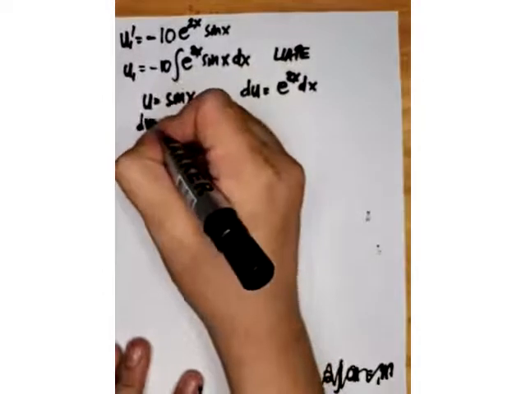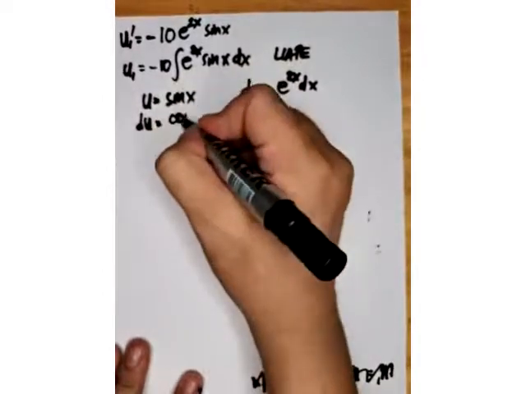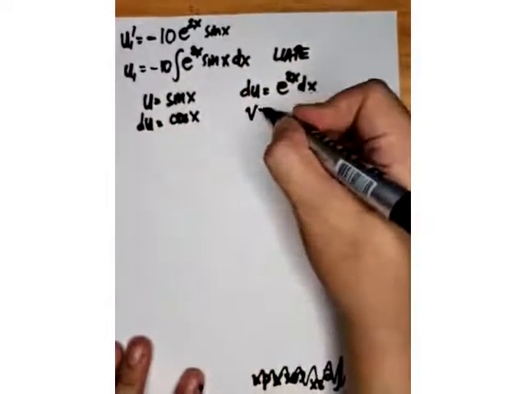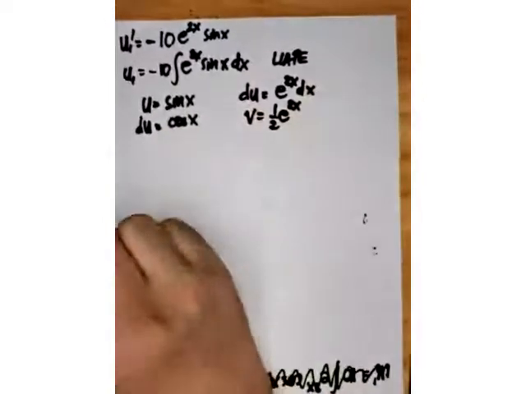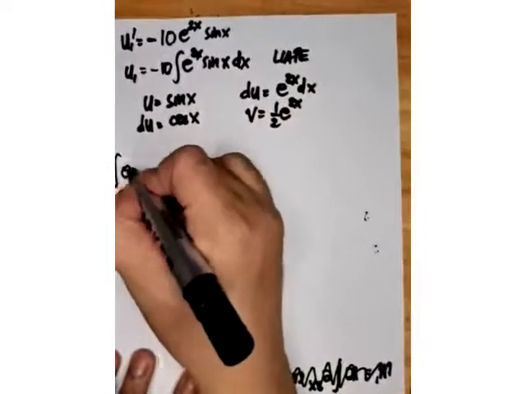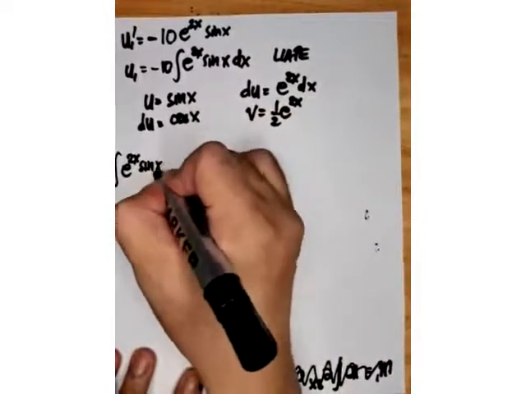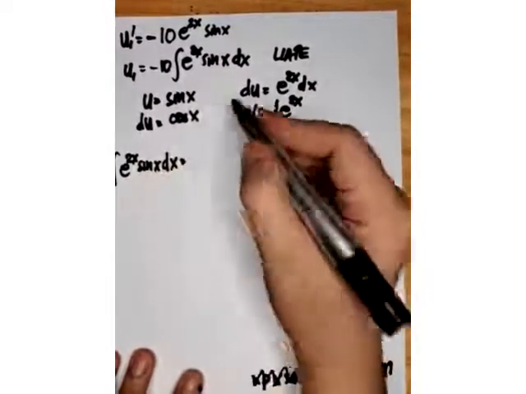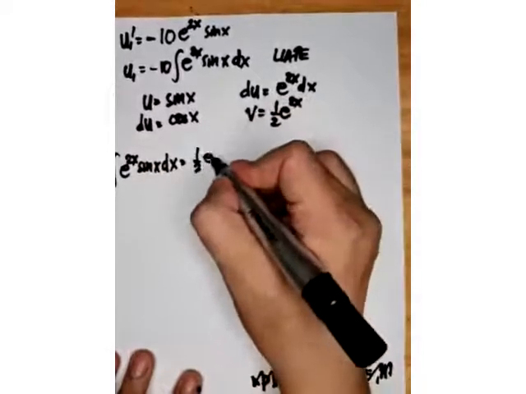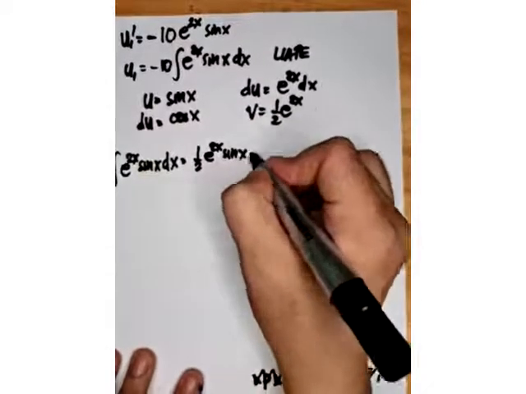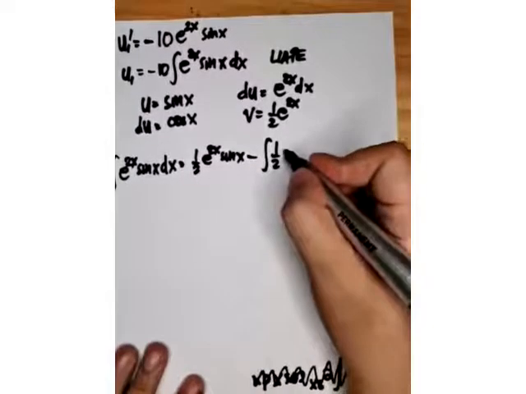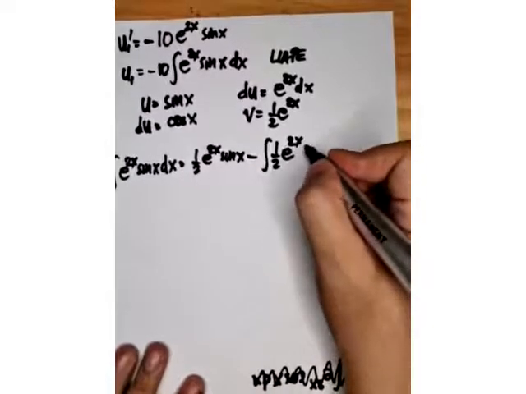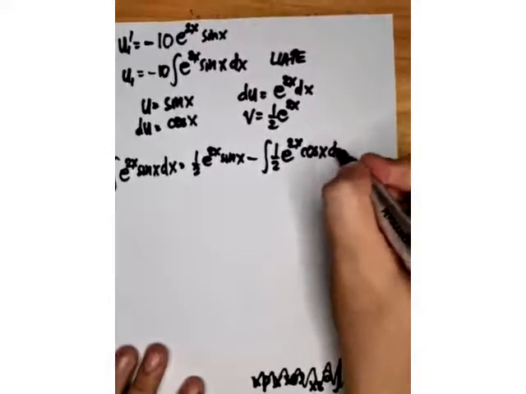So du is cosine x and v is 1/2 e raised to 2x. The integral of e raised to 2x sine x dx is equal to uv, that's 1/2 e raised to 2x sine x, minus the integral of v du, that's negative 1/2 e raised to 2x cosine x dx.